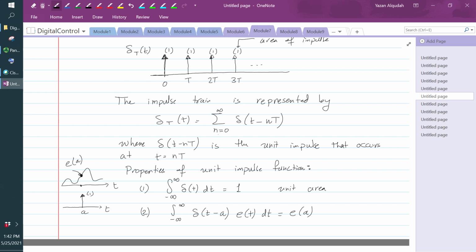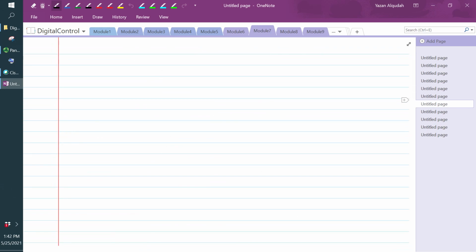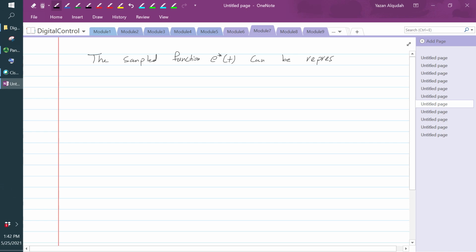So therefore, if I go back and look at the sampling process, we call the output of the sampler E star. So therefore, we can come here and say the sampled function E star of t can be represented by the following.